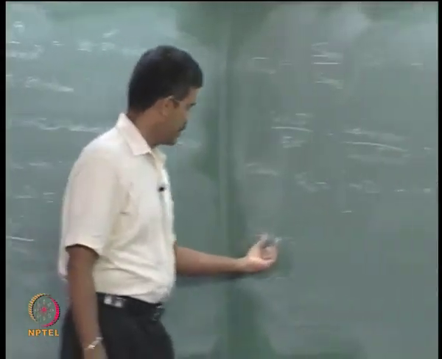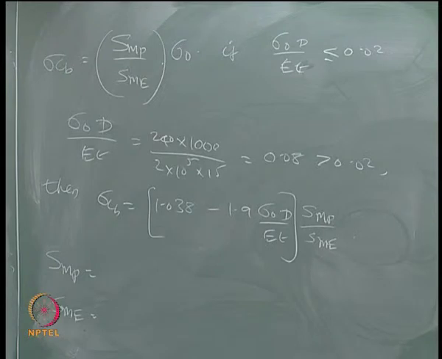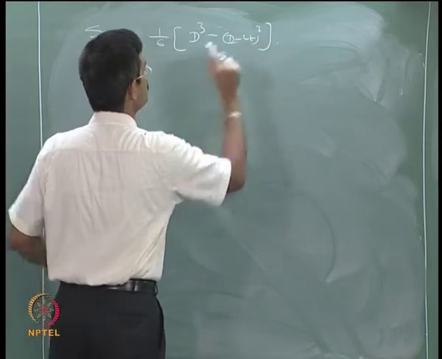Let me get this SMP and SME. SMP is given by 1 by 6 of d cube minus d minus 2t the whole cube.